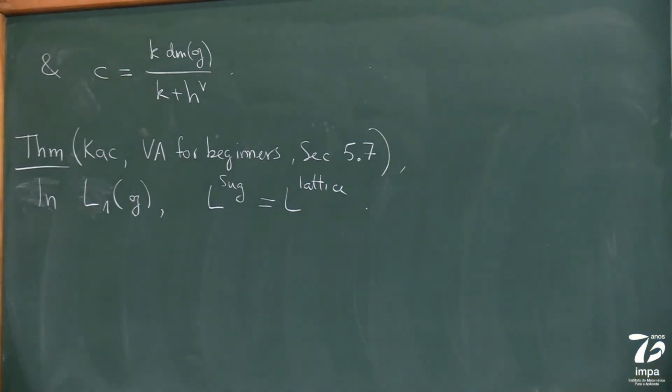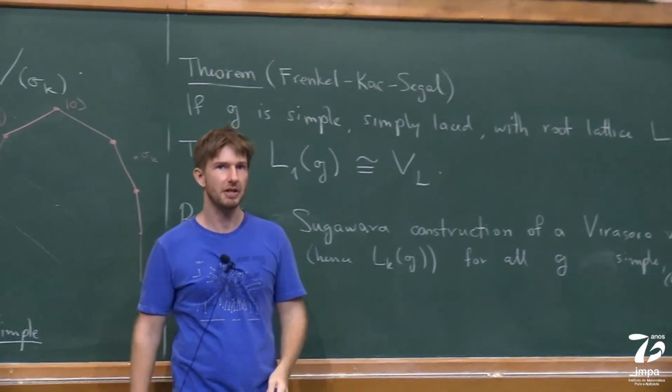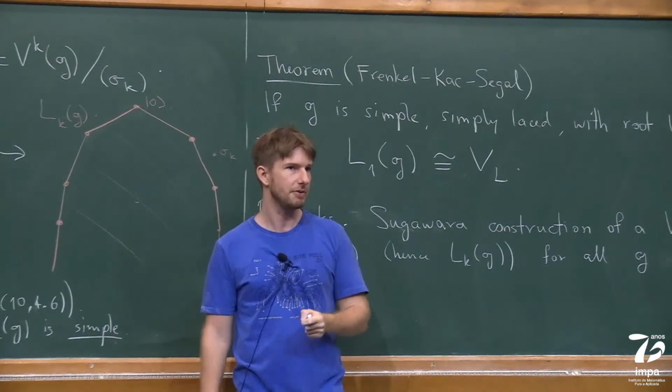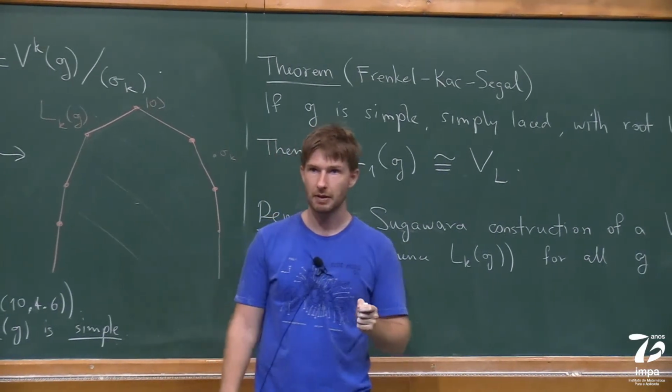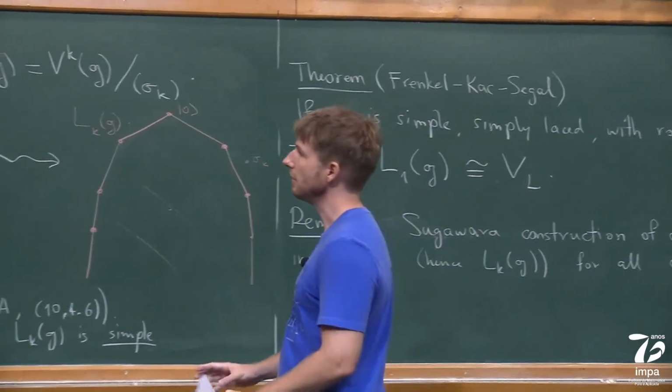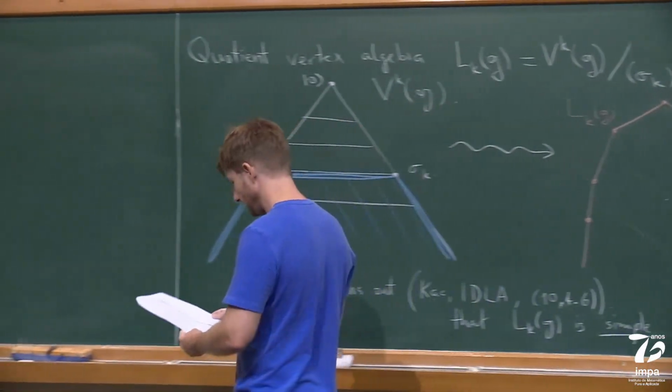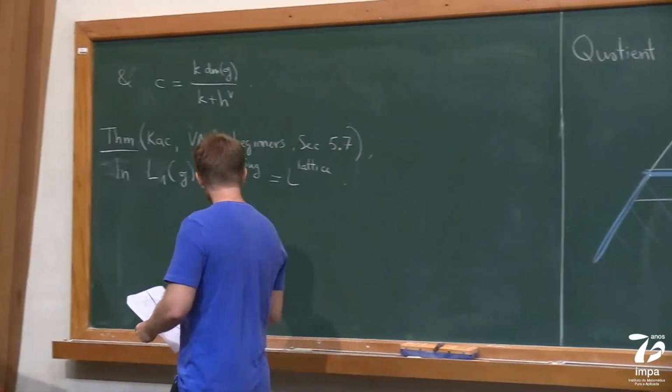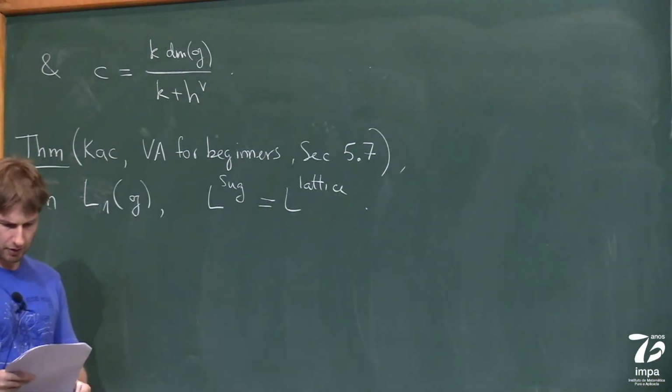There's this detail that this isomorphism is not just an isomorphism of vertex algebras, but of conformal vertex algebras. That is, the isomorphism matches up these two Virasoro vectors as well, which has interesting consequences.